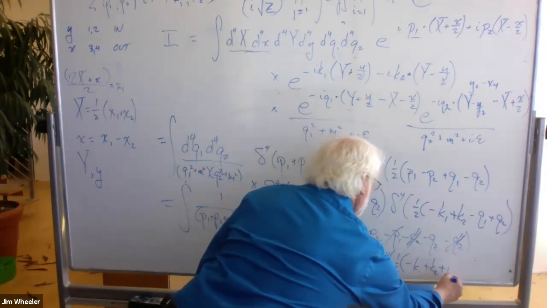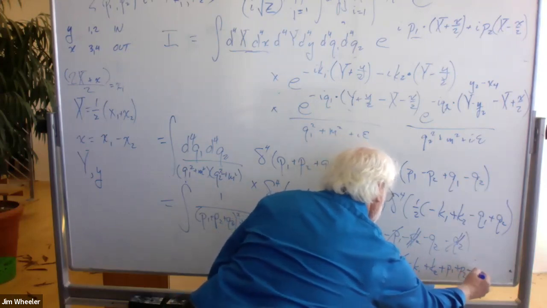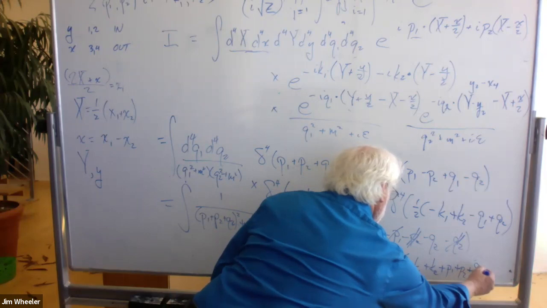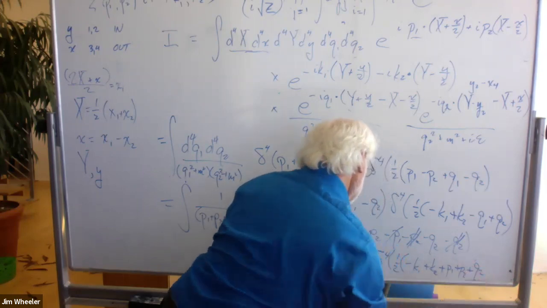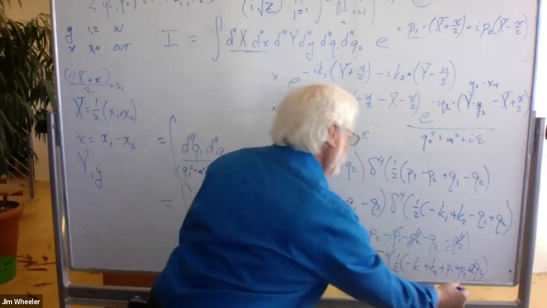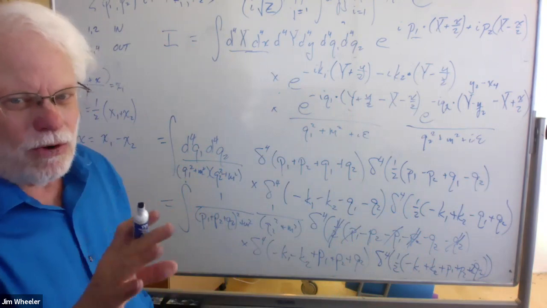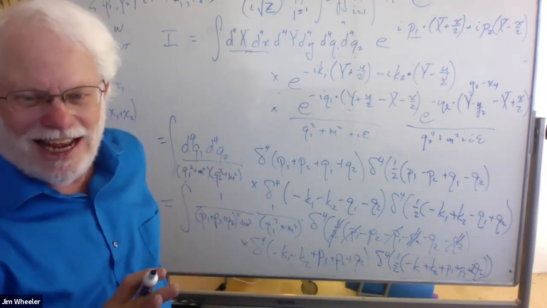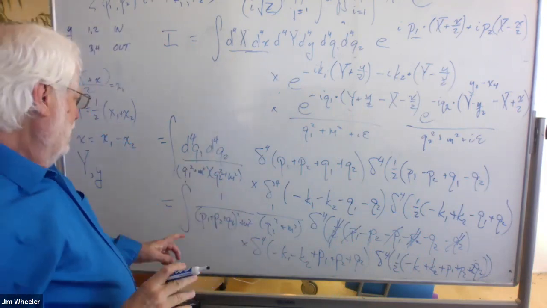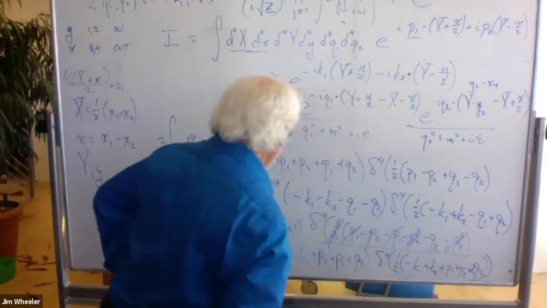This would be plus P1 plus P2 plus Q2. And we get 2 of those. There's something wrong that we're not going to fix before the end of class here. We're close. We're close. This is typical.